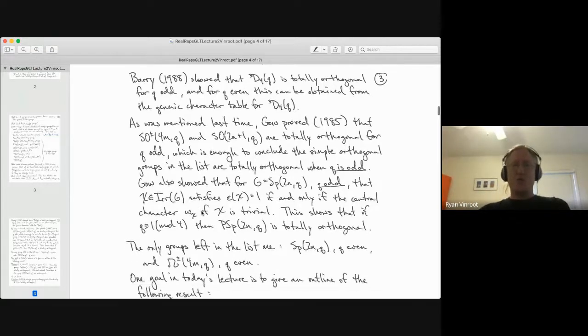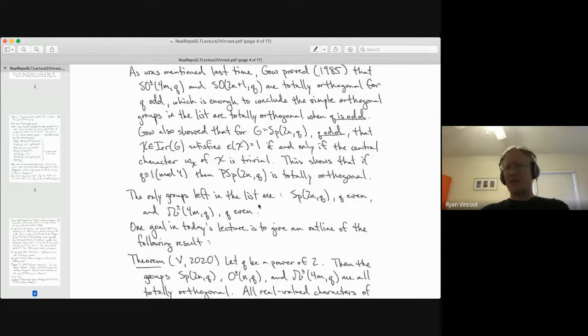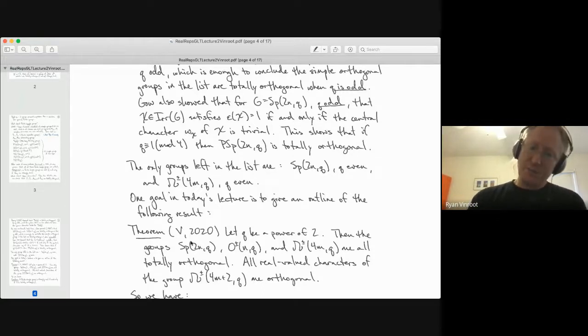Okay, so one of the things that I'll do today is give an outline, the details are boring but the outline I think is interesting, of the following result, which I managed to finish in 2020. Well, I didn't actually do the research in 2020, but that's when it was published. So if Q is a power of 2, then the symplectic group over the field of Q elements, the full orthogonal group over the field of Q elements, and the simple orthogonal group of dimension divisible by 4 over a field of Q elements are all totally orthogonal.